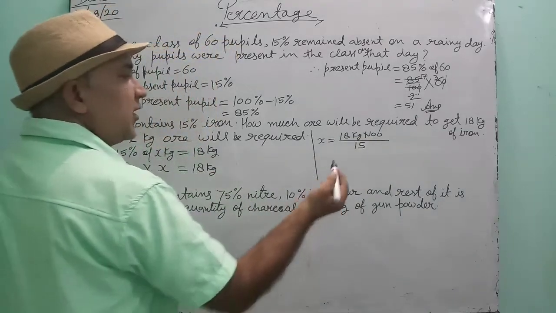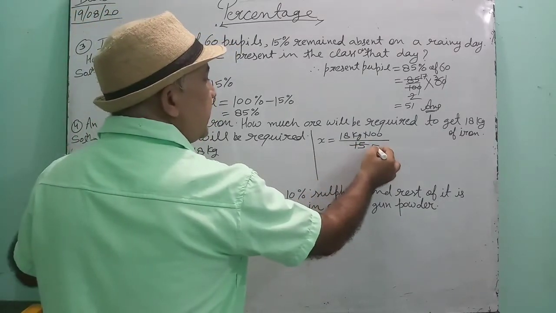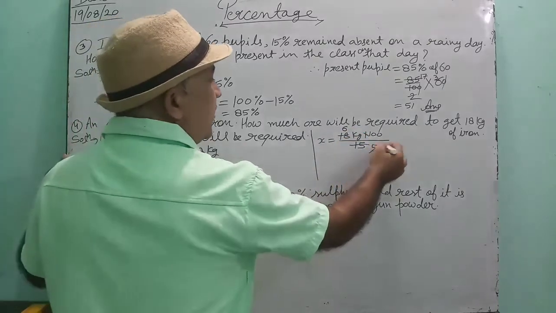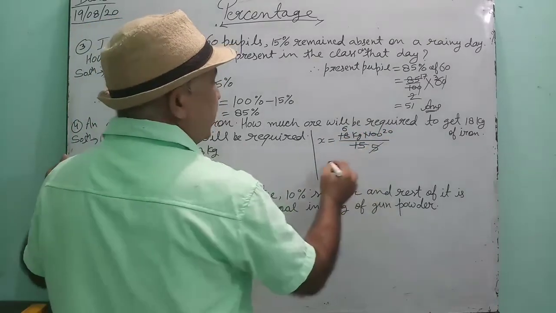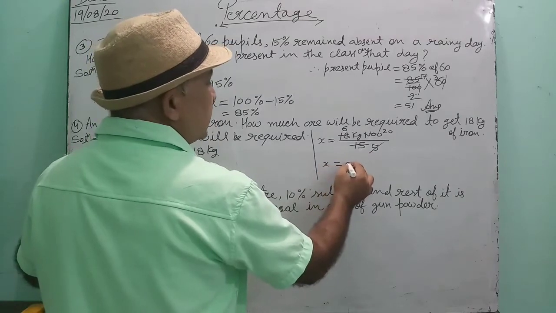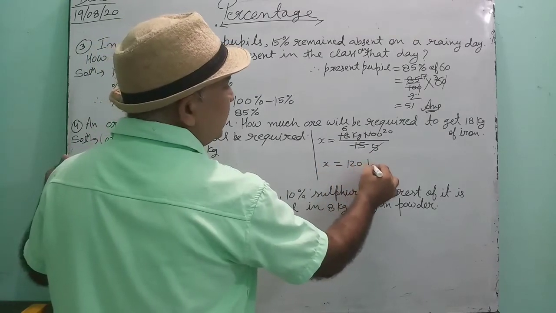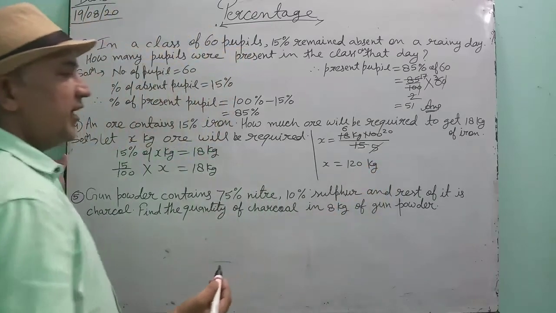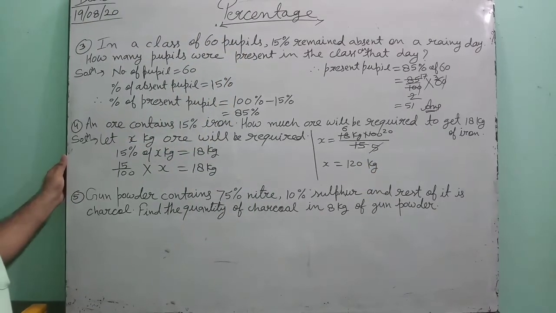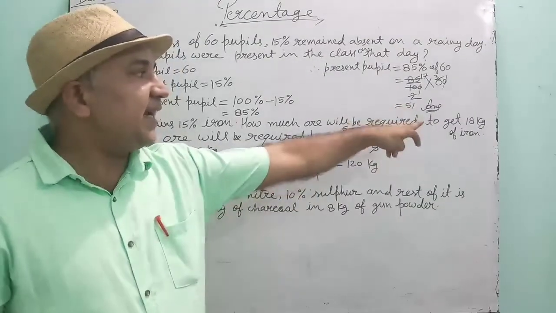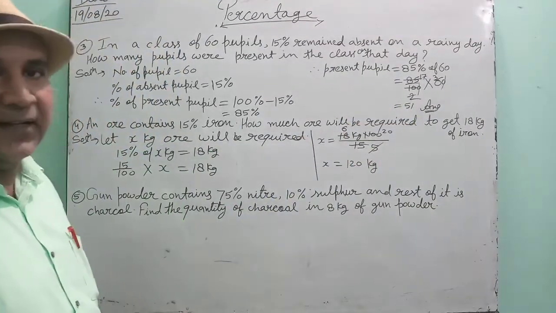Now solve. 3 dividing 15 by 5 times, 3 dividing 18 by 6 times, 5 dividing 100 by 20 times. That means x is equal to 6 into 20, which is 120. That means the amount of ore will be 120 kg, and from 120 kg ore we can get 18 kg of iron.